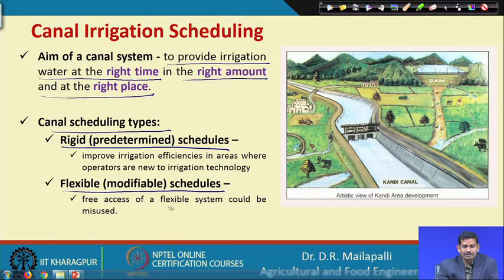Whereas in the flexible scheduling case, based on the demand we change the dates or amount, anything. So, let us see what the types of canal scheduling are, and which parts of India are practicing these schedules.